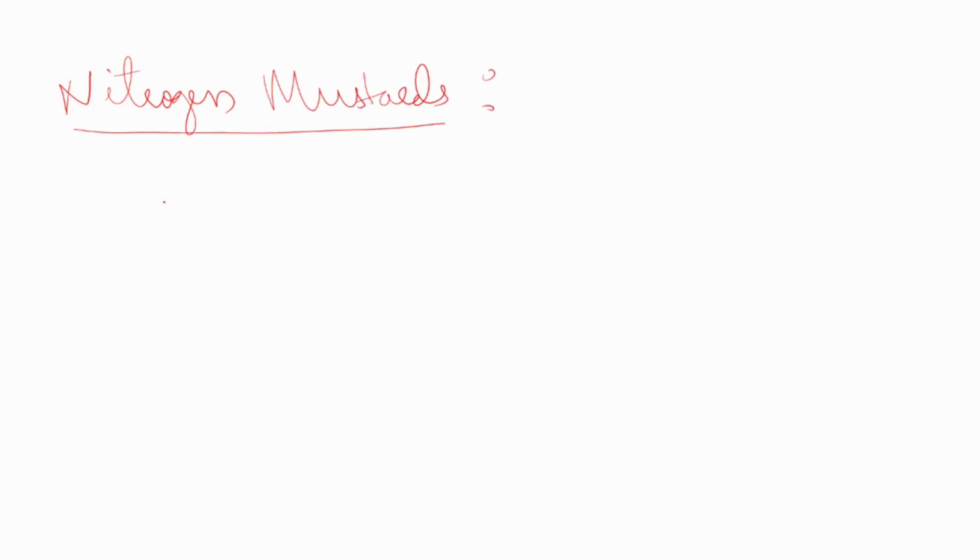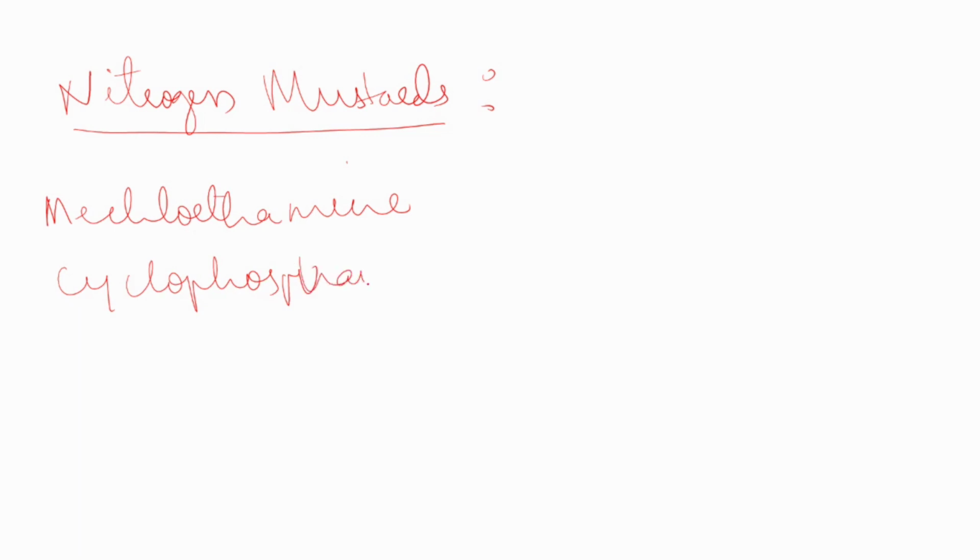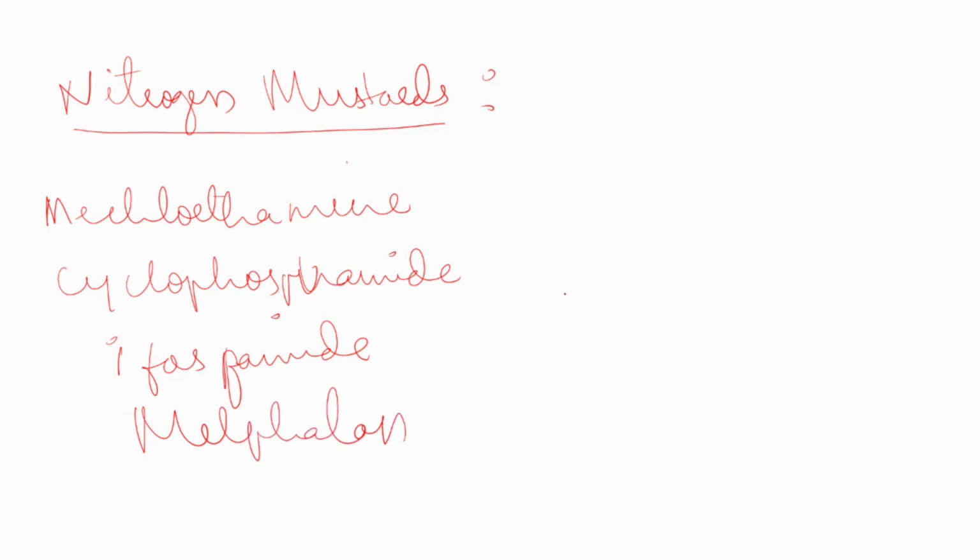In nitrogen mustards, we have mechlorethamine, cyclophosphamide, ifosfamide, melphalan, and chlorambucil. So these are different examples of nitrogen mustards.